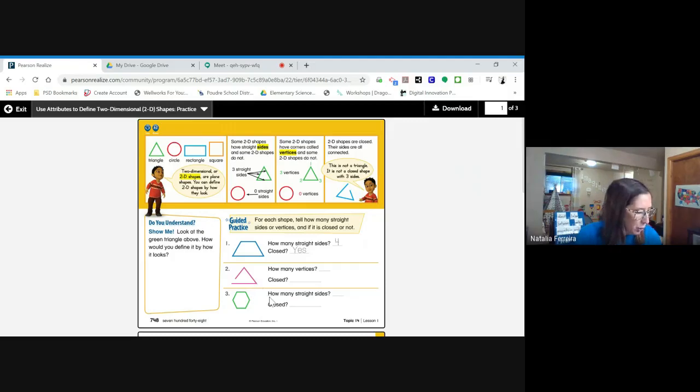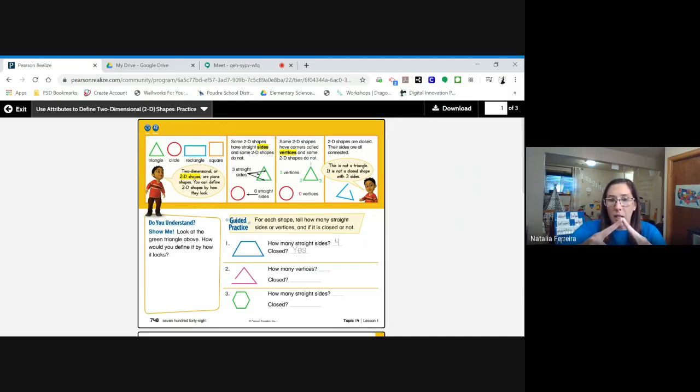Now look at number 2. That is similar to a triangle. Let's count how many vertices. Put your fingers together. If it makes a point, it is a vertex. So how many vertices do you see?